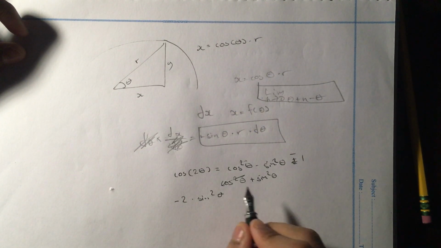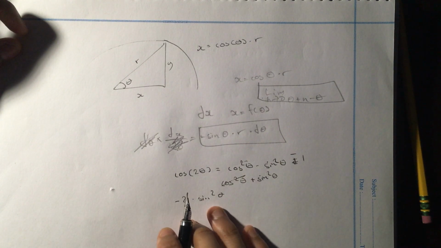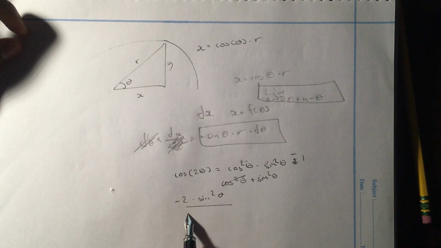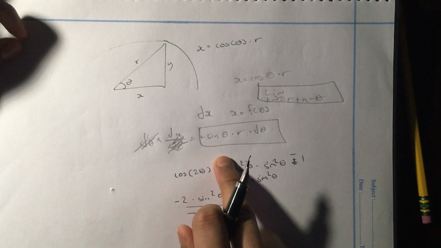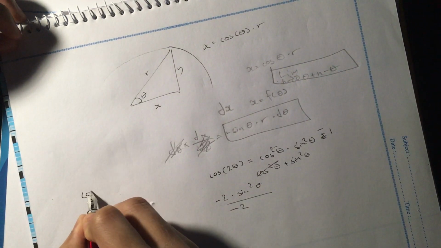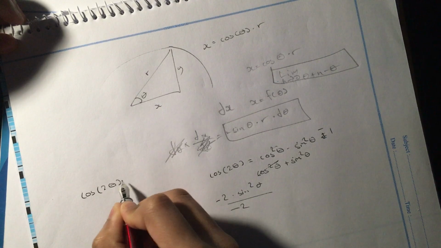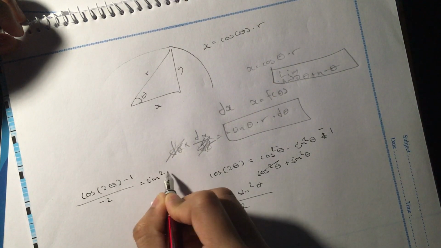Okay, cool. Very cool. Now, what do we do to get sine squared of theta by itself? We divide by negative 2. Okay, so what did we do? We took this, subtracted 1, and divided by negative 2. So we can say that cos of 2 theta subtract 1 divided by negative 2 is equal to sine squared of theta.